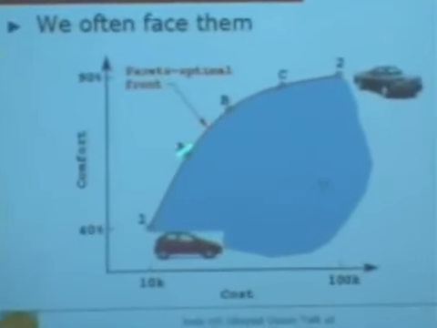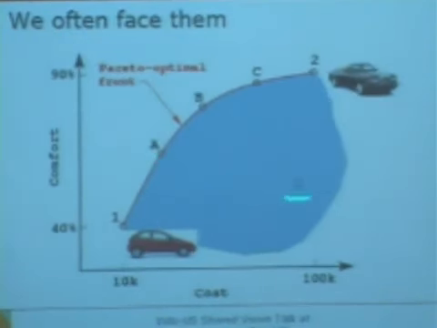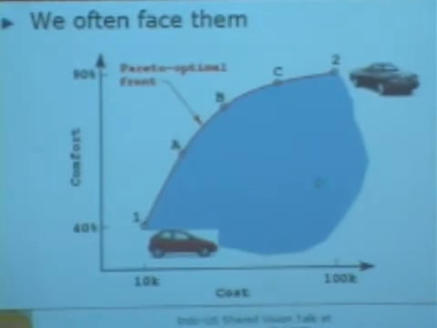For example, solution A is better in cost than that. Solution A is better in comfort than that. So if unfortunately you have not done optimization and you have launched this product into the market, and there is a product A already available in the market, you will be running out of business pretty quickly. So this set of solutions on the red line are special. They are optimum. They are called Pareto optimal solutions.